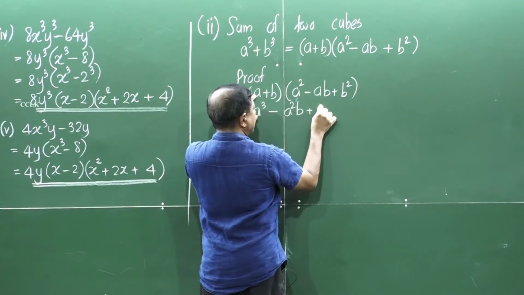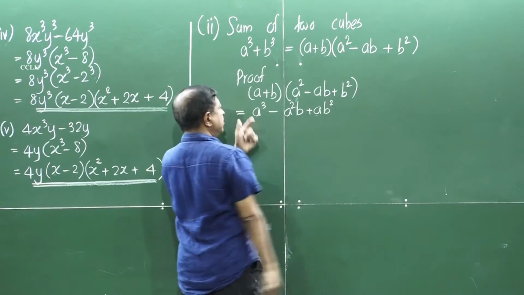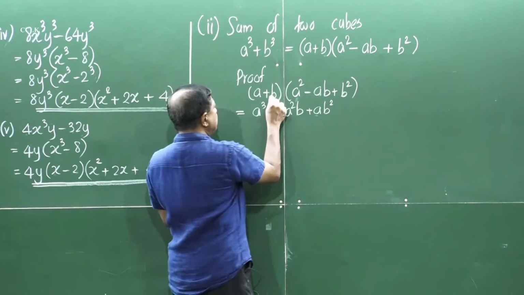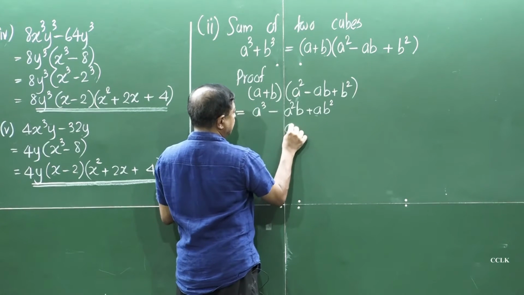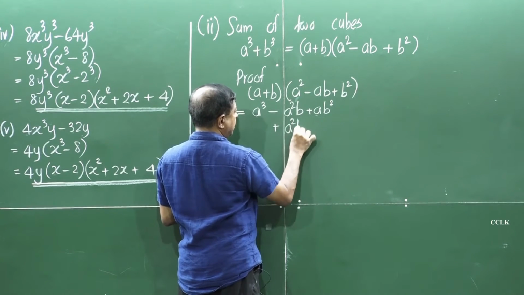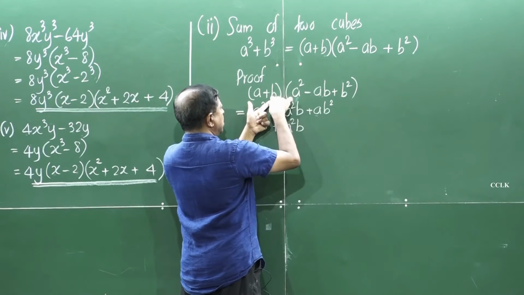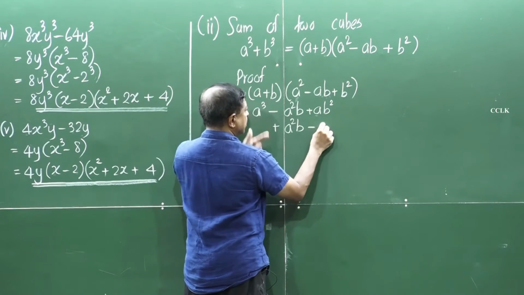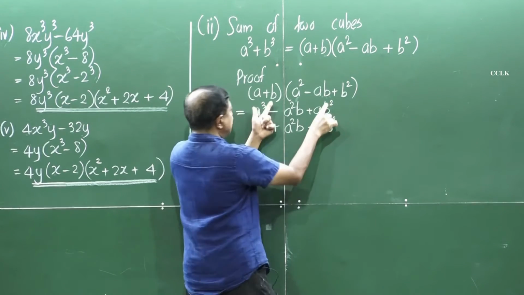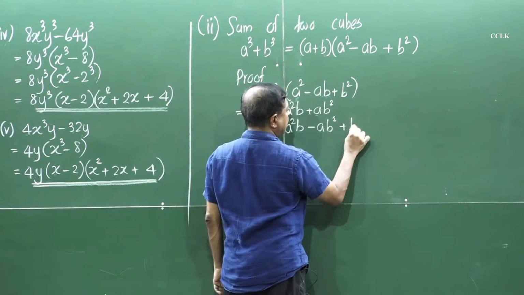A times b squared. Now multiply everything by b. So ba squared means a squared b. It's plus. These two, there are two b's, so ab squared, but it's minus. And finally, you get b cube.